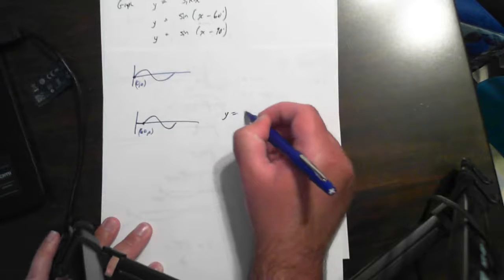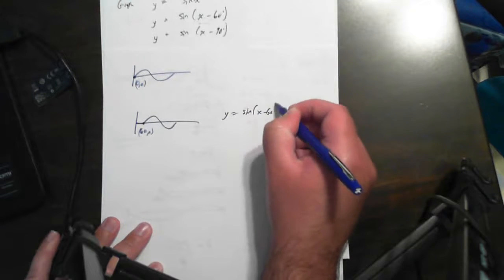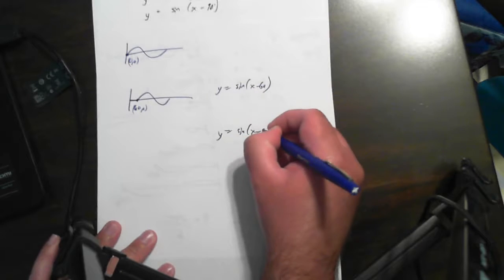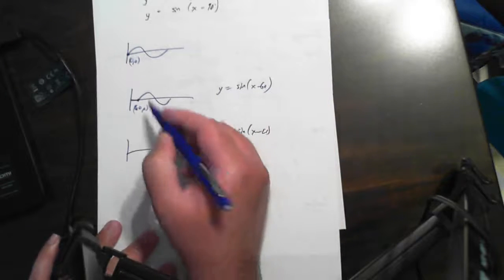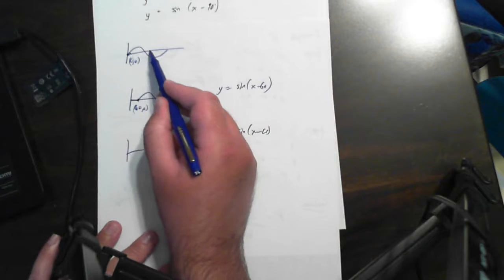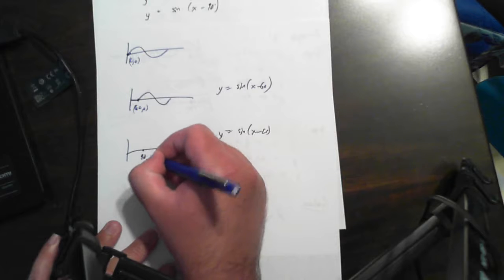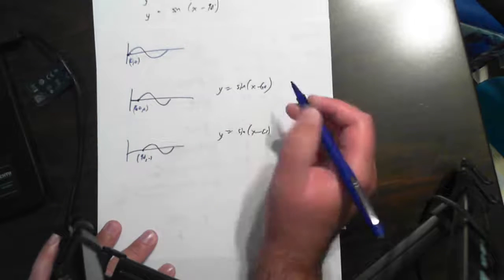Okay? Alright? And then when I go to graph y equals sine of x minus 90, what you hopefully see is that this point is moved over even farther now. It's actually moved over to 90, 0.